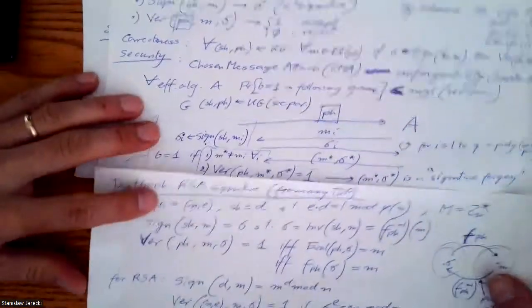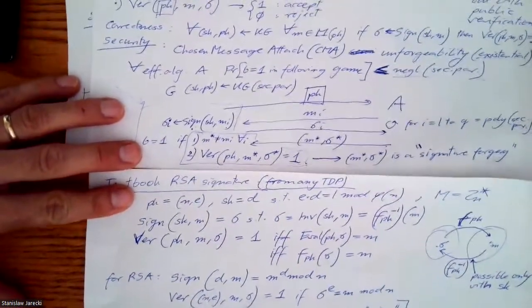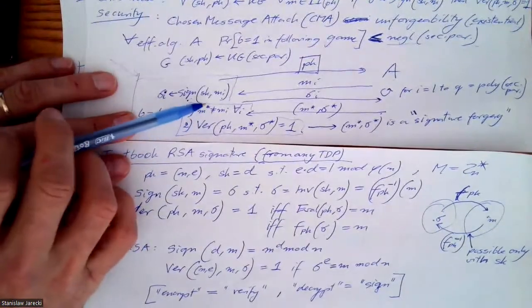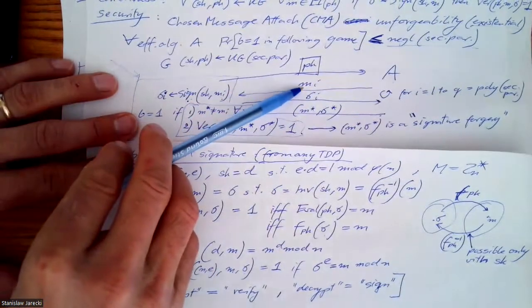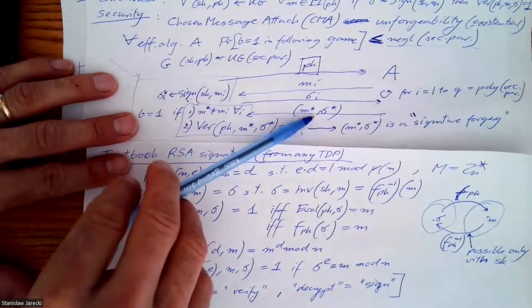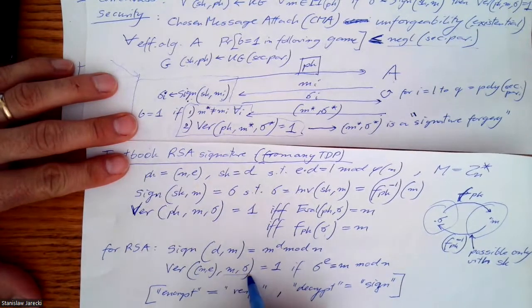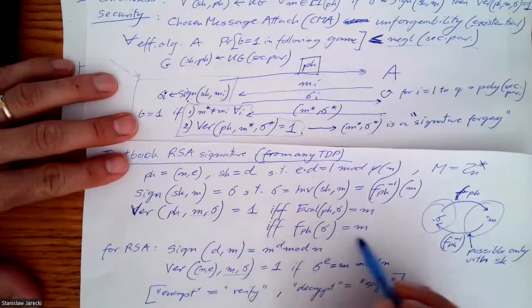Okay, so let's just recall what it is that we would like to show about it. What we would like is that if the adversary gets a public key and he can ask for signatures, he cannot produce a forgery. What's the forgery here? It's some pair M, sigma, which is in this relation.